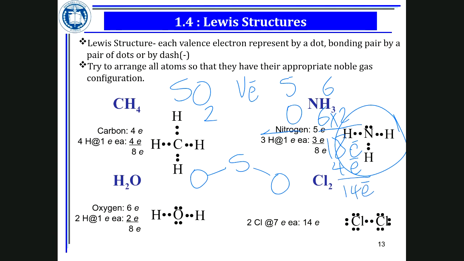With the 14 electrons, who is going to get electrons first, the central atom or the side elements? The side elements, they have higher electronegativity. Because the side atoms have higher electronegativity, we have to satisfy the side atoms first. I'm going to call this oxygen 1 and this one oxygen 2.